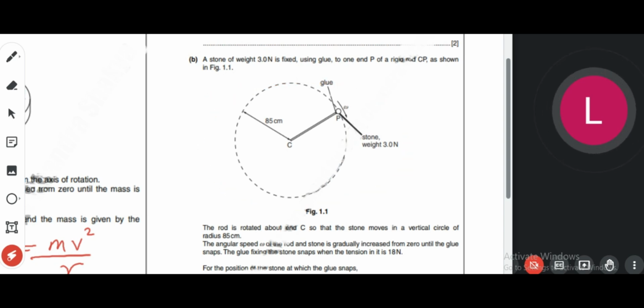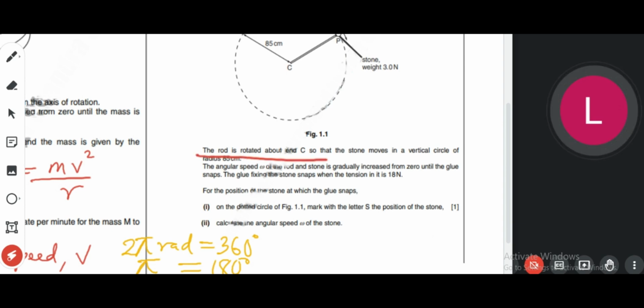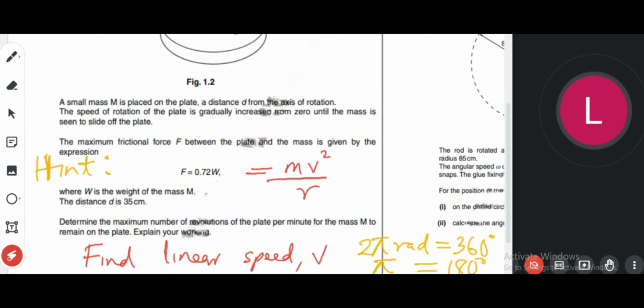The rod is rotated about end C so that the stone moves in a vertical circle of radius 85 centimeter. Of course, we must convert this to SI unit, which is meter. The angular speed omega of the rod is gradually increased from 0 until the glue snaps. The glue snaps when the tension is 18 Newton. That is the centripetal force, just like the one given earlier.